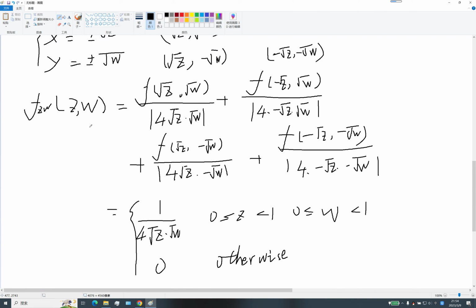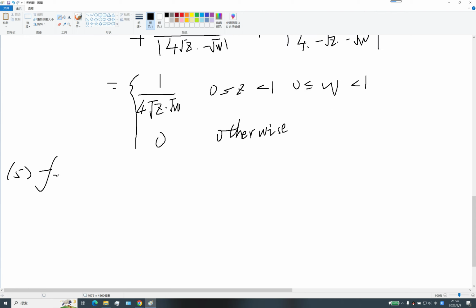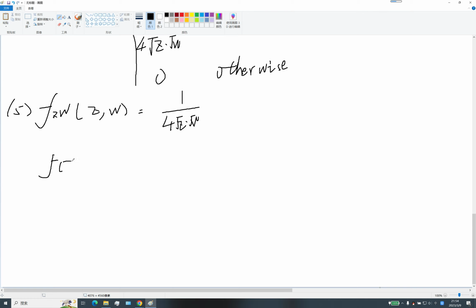So we know that f(z,w) is 4, and we can get f_Z(z) by integrating w from 0 to 1. It is 2.